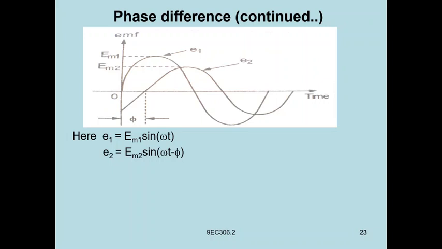That is clearly shown in the figure: one wave starts at 0, another wave starts at 5, and the two waves are represented like that. Here the first one, E1, is Em1 sin omega t and E2 is equal to Em2 sin (omega t minus 5).